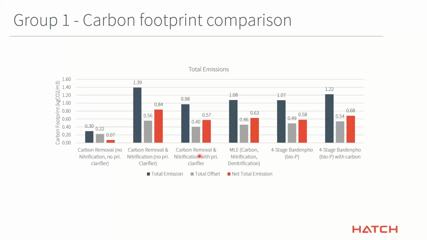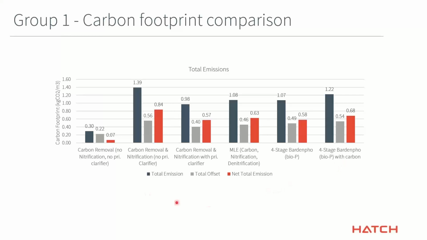The third one is carbon removal and nitrification with a primary clarifier. The fourth process that we looked at is carbon removal, nitrification and denitrification. And then, of course, going to BioP, and another BioP where there are stricter requirements for the effluent limits, and this is with adding an external carbon source.